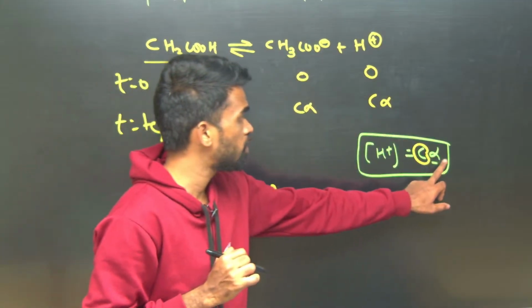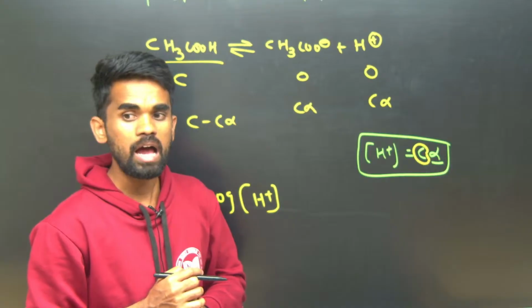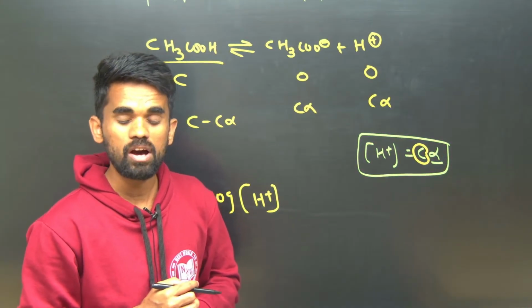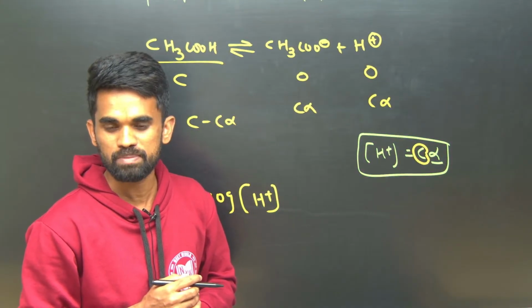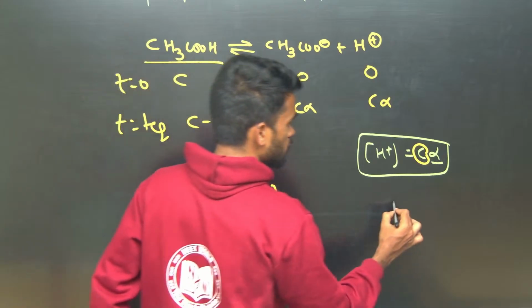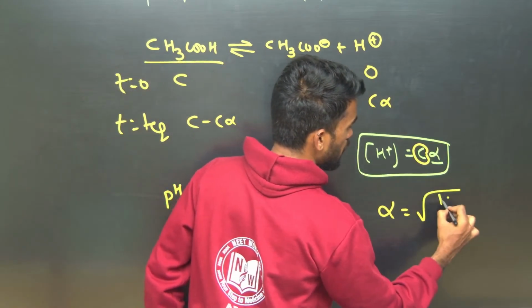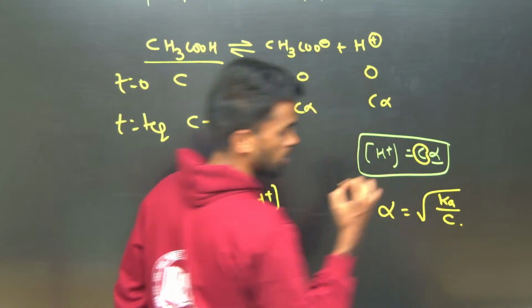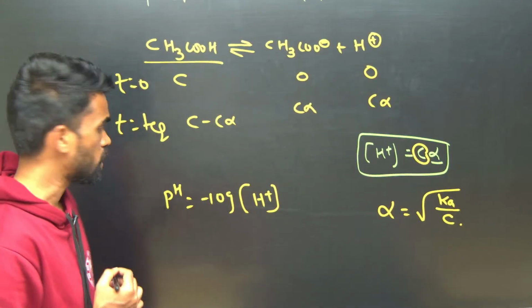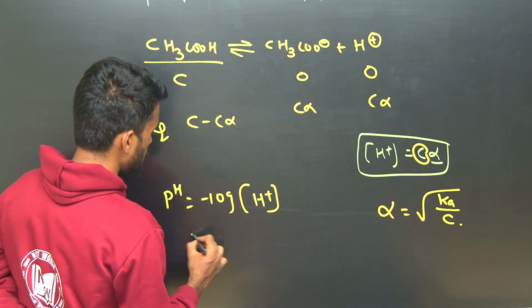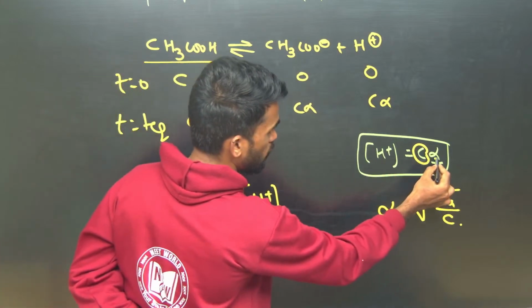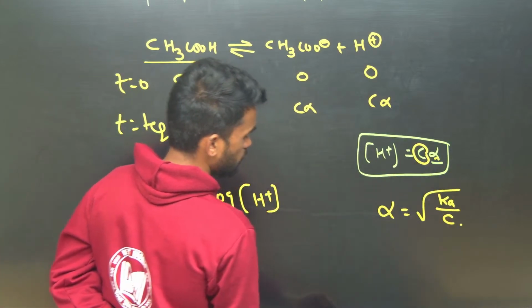What about the alpha value? Alpha won't be given. But yesterday we studied Ostwald's dilution principle. What is that? Alpha equals root over Ka by C, and we have the concentration. So in place of alpha, I can write this value.